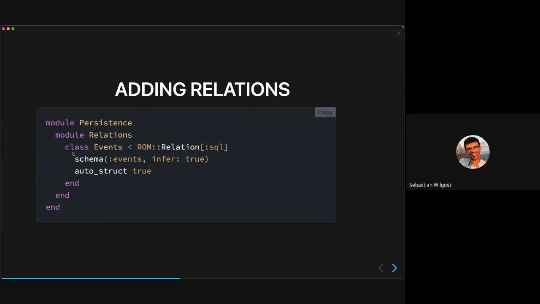But the key thing here is to actually set the name of the table used in the relation, because without that it tries to get the namespace, the persistence relations namespace, and add it to the table name that will be used, because the infer true just tries to figure everything out of the box.